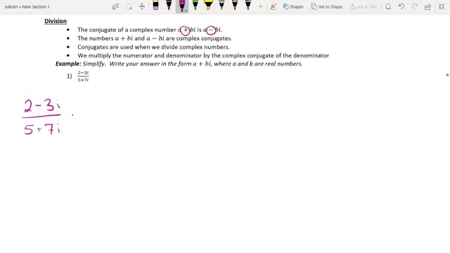The whole idea of why we do that is because it'll get rid of the imaginary number in the denominator. Alright, so what I'm going to do is I'm going to multiply by 5 minus 7i over 5 minus 7i. Note that I switched the sign from positive to negative and I put it on both.